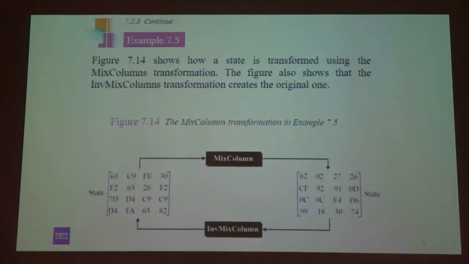This is the original. When you apply mix columns it will give you this. You apply the inverse and it will give you back that. So it's invertible. So far everything we have done is invertible. We do it one way going down, we do it the other way going up when we are decrypting.